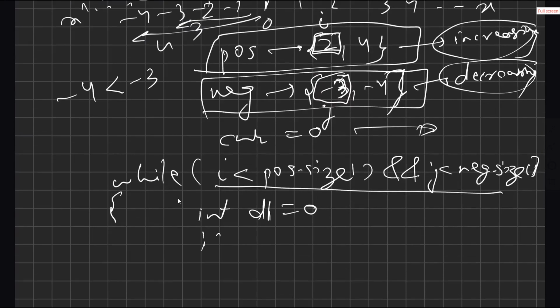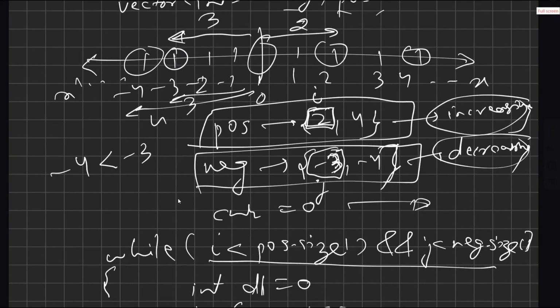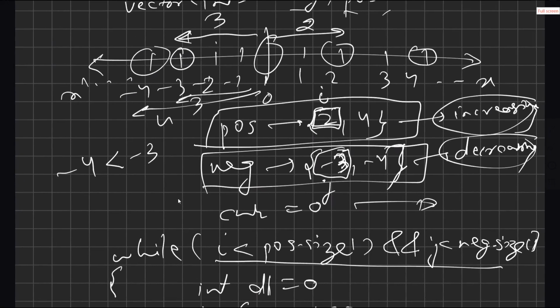So I'll be checking if my current position is less than or equal to 0. What I mean by this is, let's say my current position was somewhere here, -2, and he's moving towards the right, towards the positive side. In that case, whatever the distance of that cookie is, it is from 0 based, right?